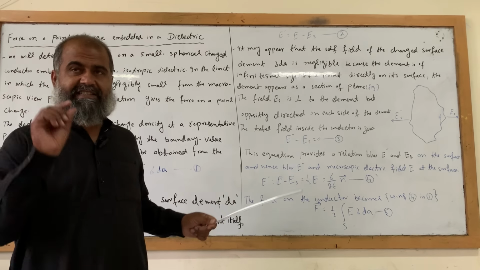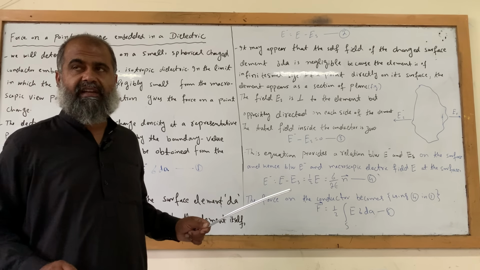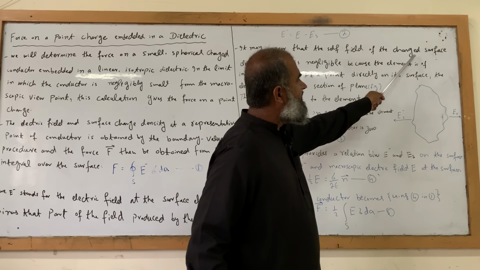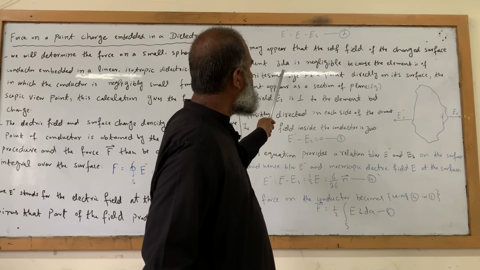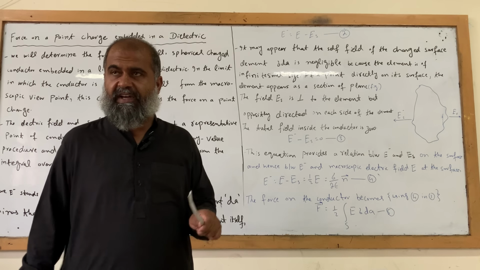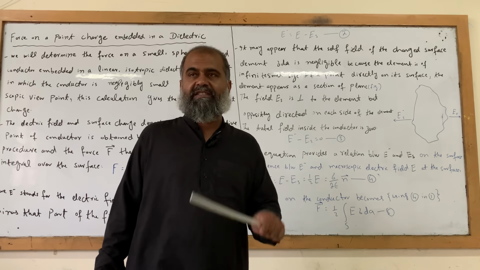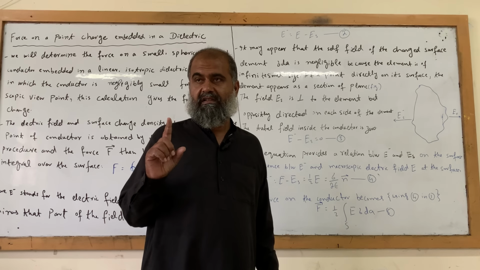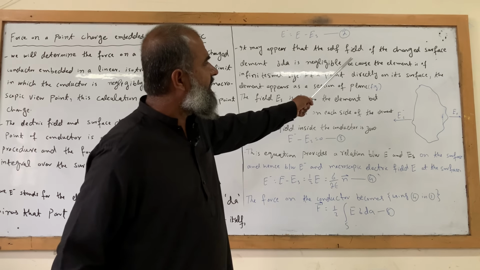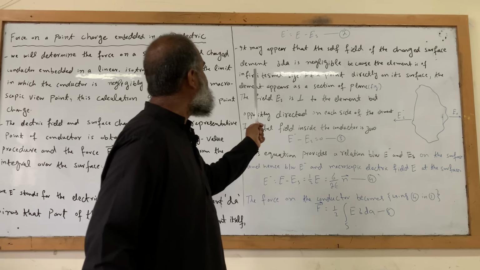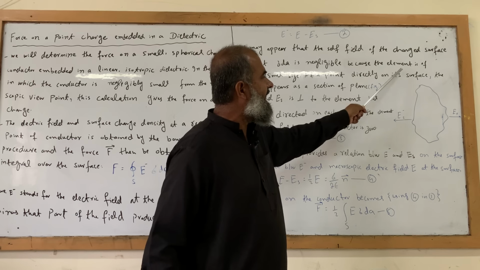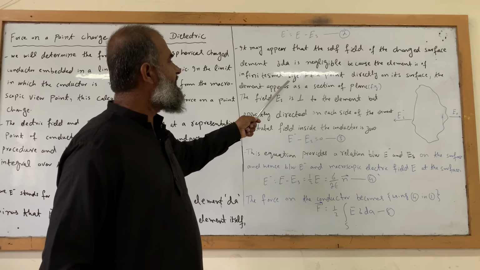ES is the electric field at that surface that you are considering. It may appear that the self-field of the charged surface element sigma dA matters. Sigma is the surface charge density, dA is the surface. When you multiply the surface charge density with the surface, you get the surface charge, Q equal to sigma dA. That is why the self-field of the charged surface element sigma dA is negligible: the element is of infinitesimal size.